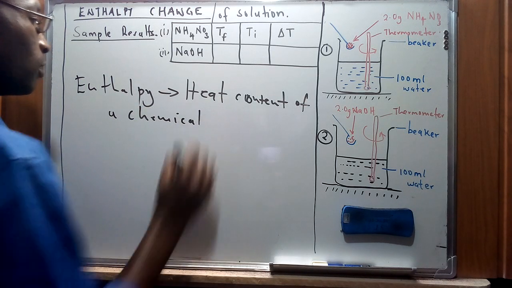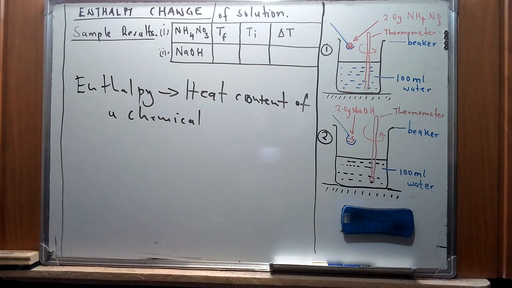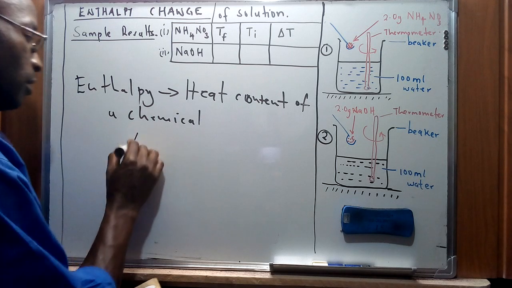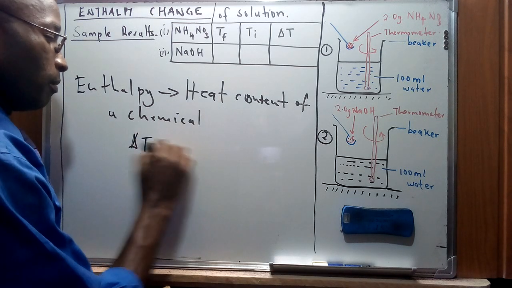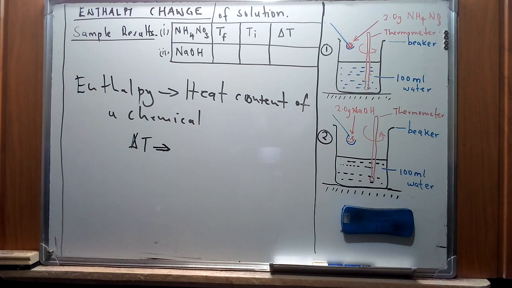It is not possible to measure the enthalpies of chemicals directly. However, since this change in energy results in a change in temperature, we are able to measure the change in temperature, which gives us the energy changes in that reaction.